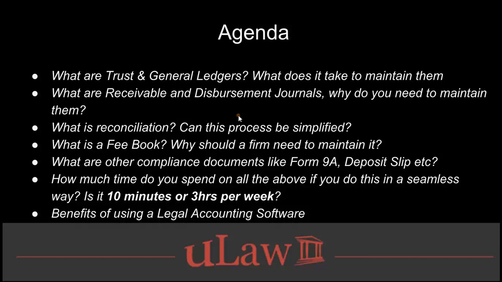Can this process be simplified? How do we ensure, especially if you're dealing with trust money, how you deal with trust reconciliation, and really talk about the different components of that. And then we'll briefly touch upon what a fee book is. Really, a fee book should technically outline your entire revenue.